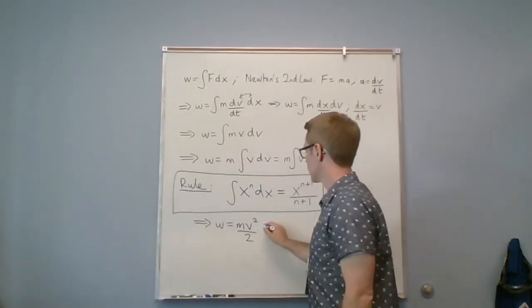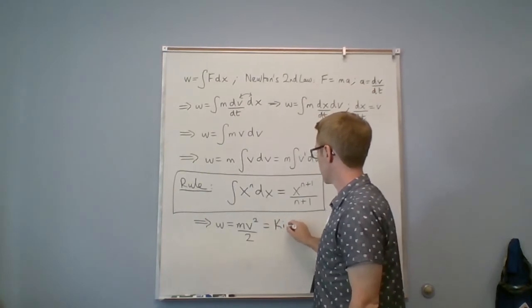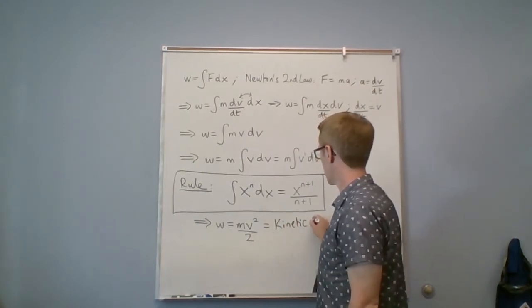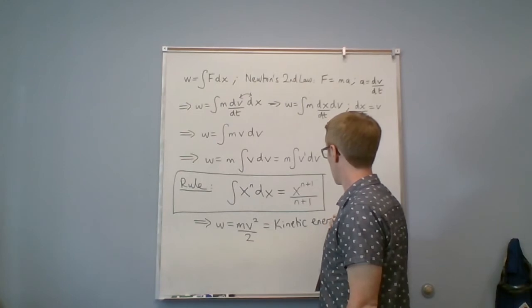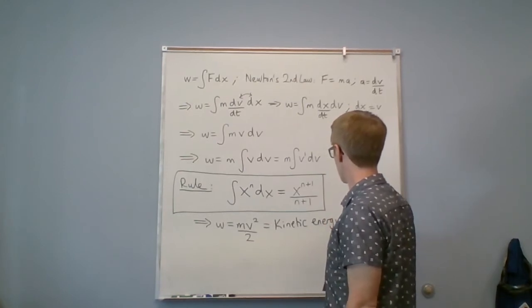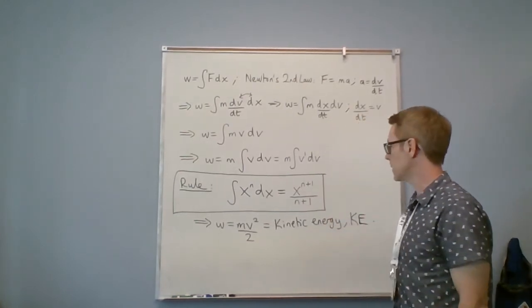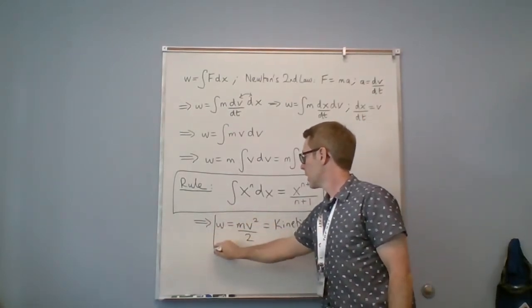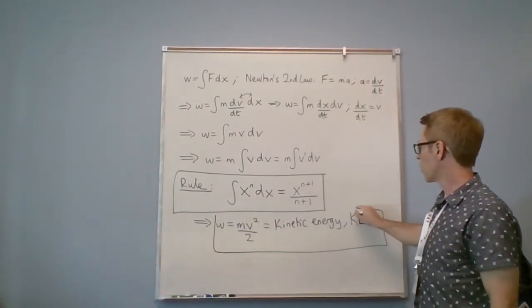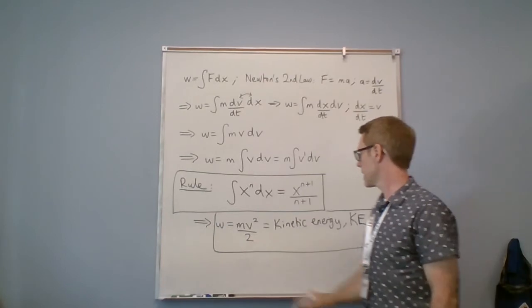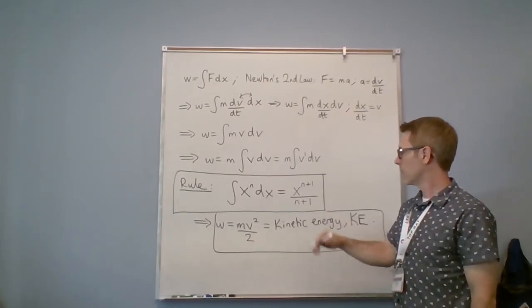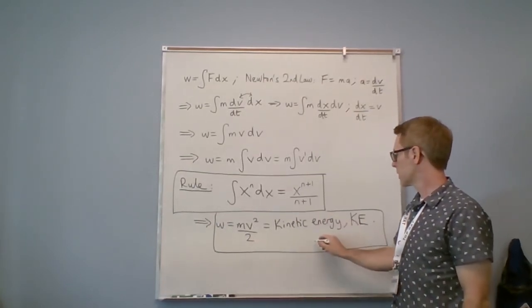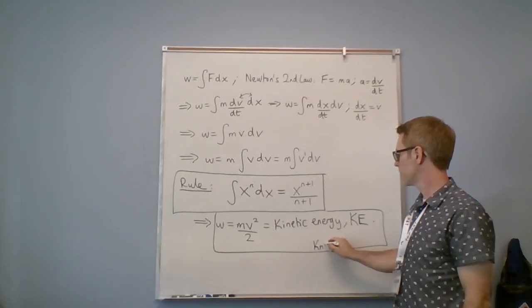Now this is equal to kinetic energy, which I'll typically write KE. So now we've used work to understand kinetic energy, mv squared over 2. I would expect that you know this equation.